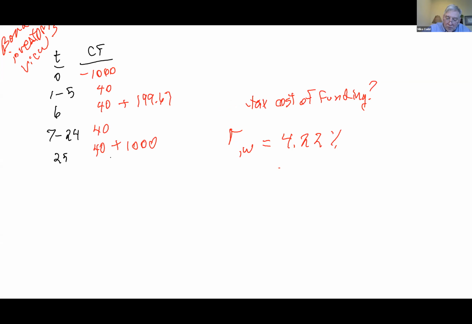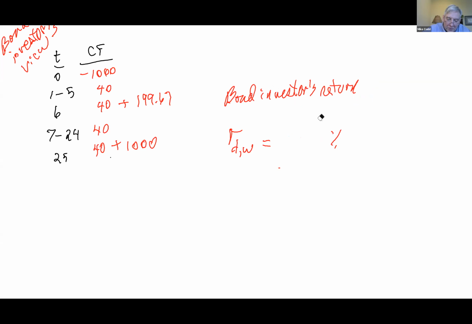So the bond investor's rate of return, and we would call that R sub D, comma W, or the before tax cost of debt, would be based on these cash flows.